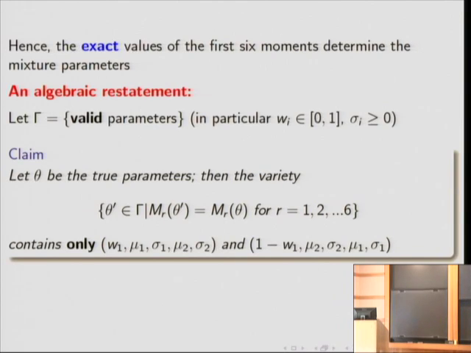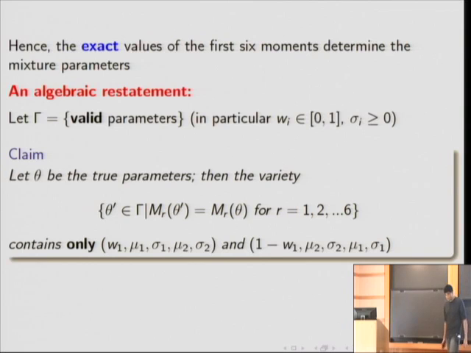So in fact, we have a system of polynomial equations for r from 1 to 6, and we now know what the solutions to the system are. There's only 2 solutions, the real parameters and the ones where we interchange which one is component 1 and which one is component 2, because there's no other mixture of 2 Gaussians which agrees on the first 6 moments.